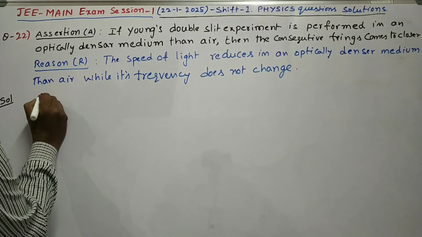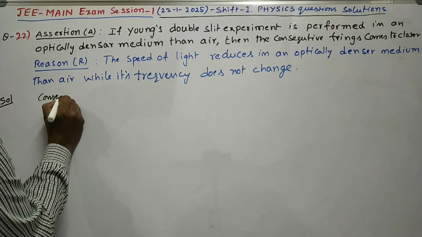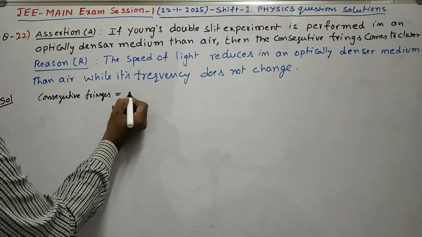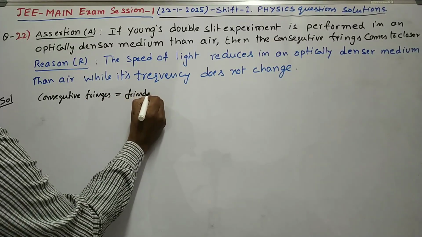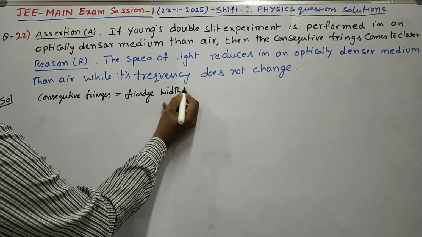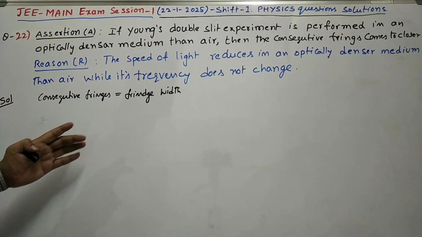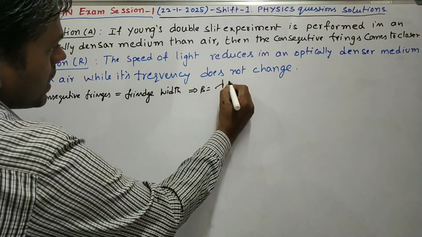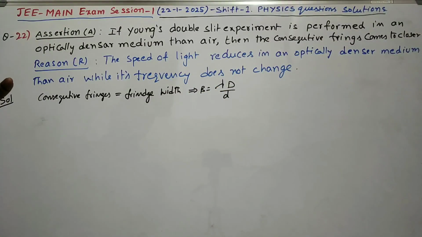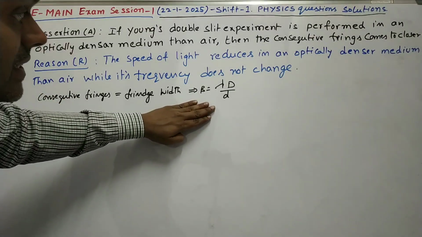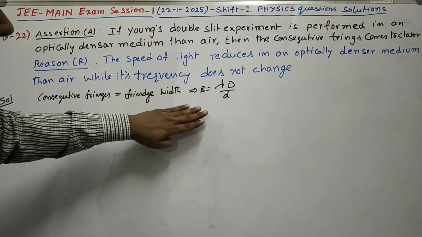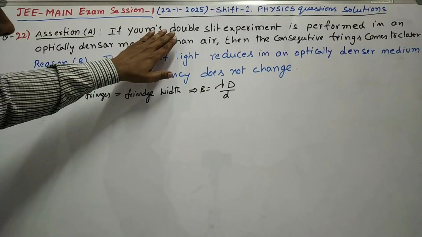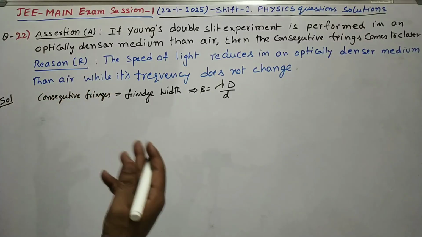Consecutive fringes, the distance between successive fringes, is nothing but the fringe width, which is represented by beta equal to lambda D by d, isn't it? Now this is the fringe width when you perform Young's double slit experiment in air. You can do the same experiment in any optically denser medium.